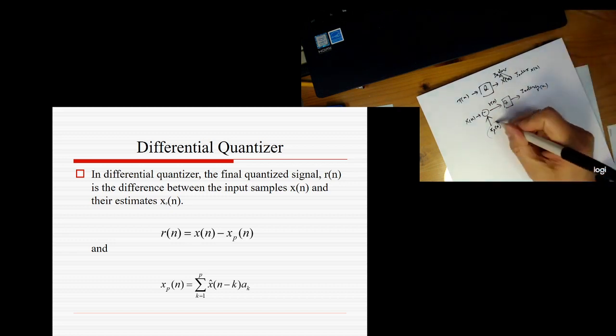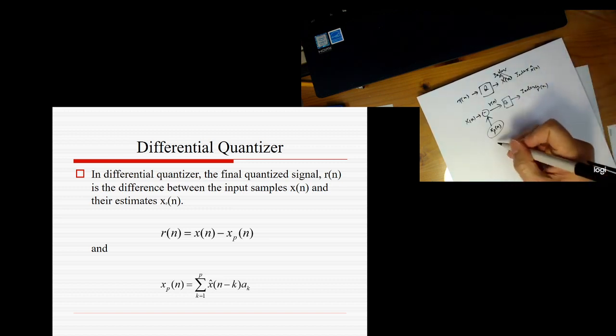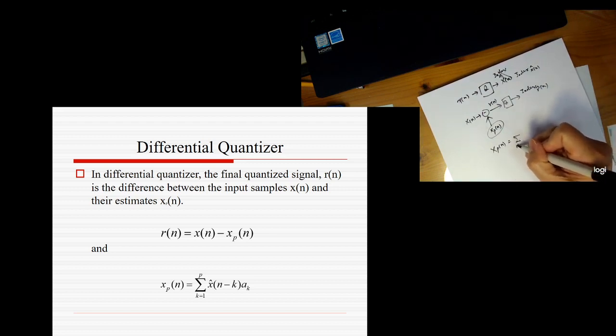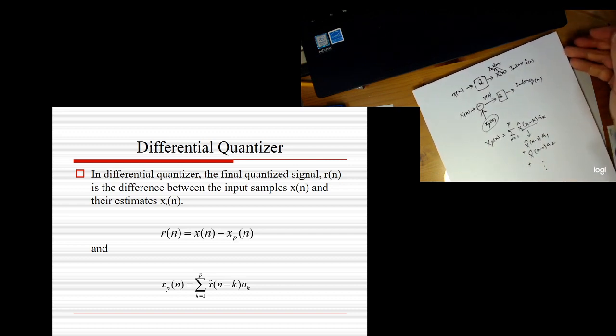So for this one, our prediction is based on your decoded signal. The decoded signal is based on your previous decoded signal. This one is based on S hat n-1 times A1 plus S hat n-2 times A2, so there will be a continuous summation.